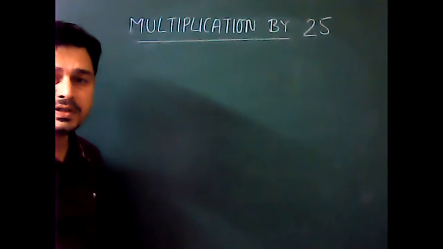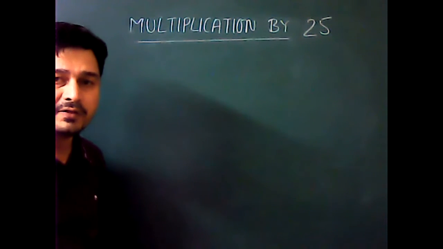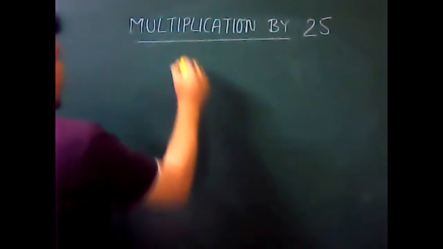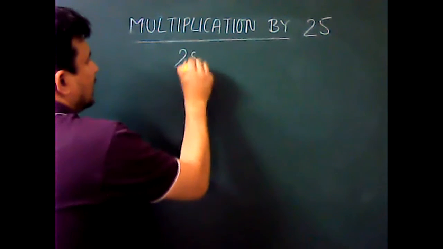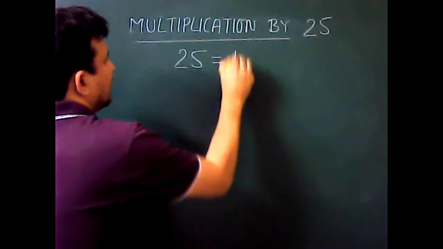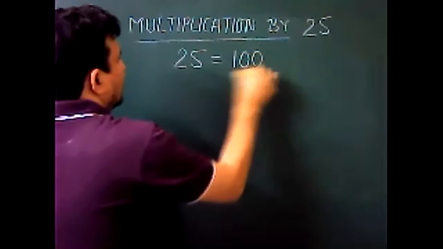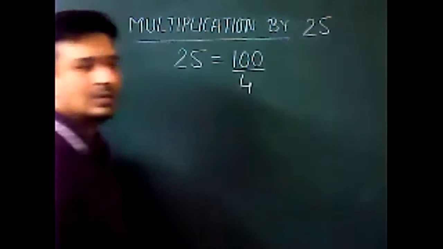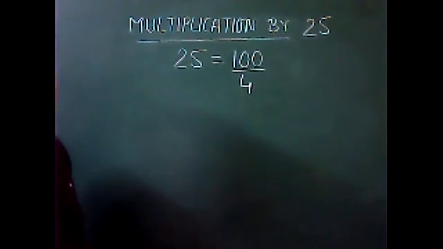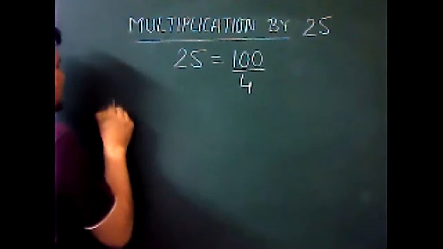Yes, now the next technique is multiplication by 25. Well, I have to multiply any number by 25. I will consider 25 as 100 upon 4. Now, 4 cases will arise.